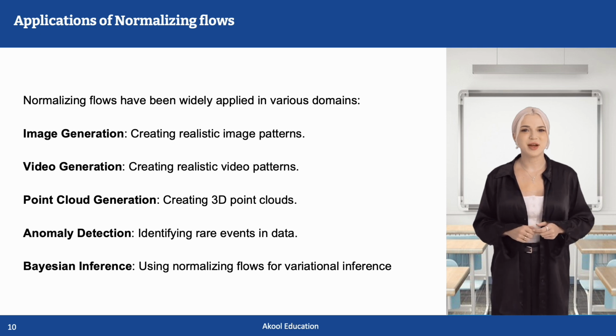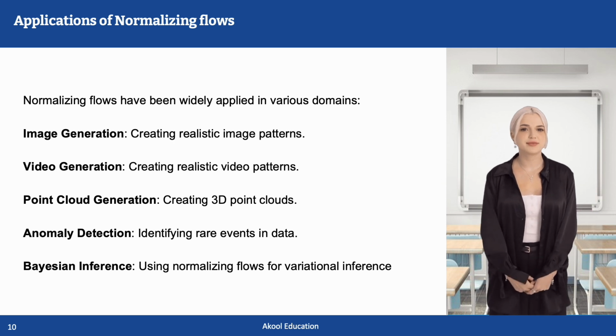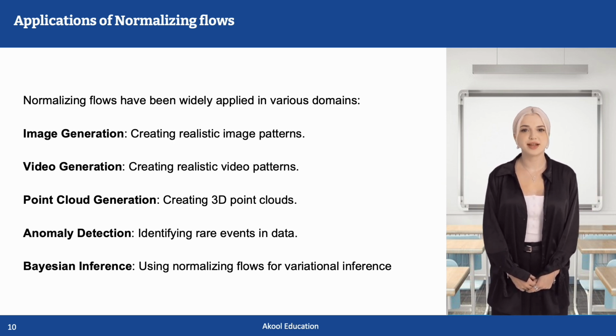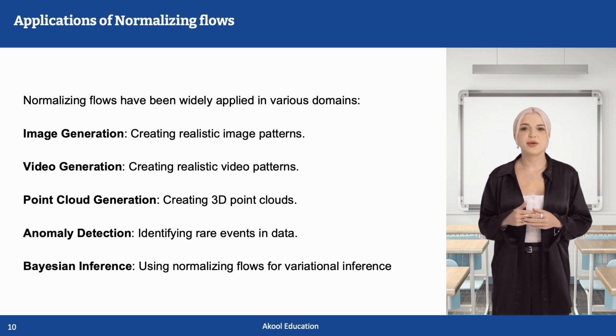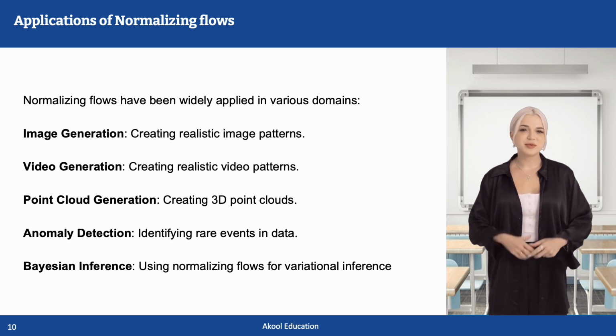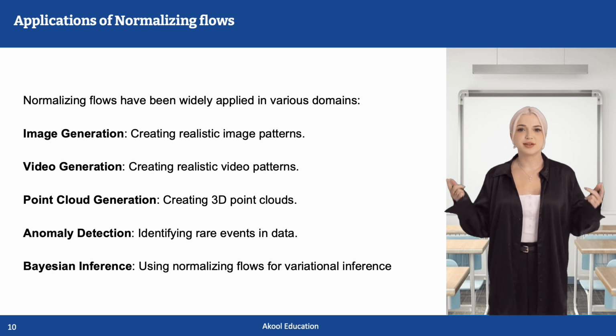Useful for 3D modeling, normalizing flows help generate structured 3D point clouds. 4. Anomaly detection. Since normalizing flows model explicit probability densities, they can detect rare and unusual events by identifying samples with low likelihood. 5. Bayesian inference. Normalizing flows improve variational inference by enabling richer, more flexible posterior distributions.